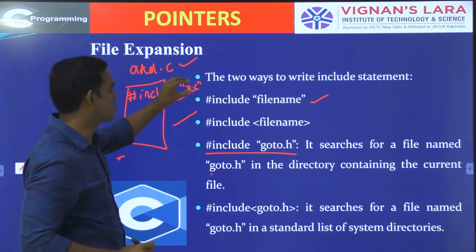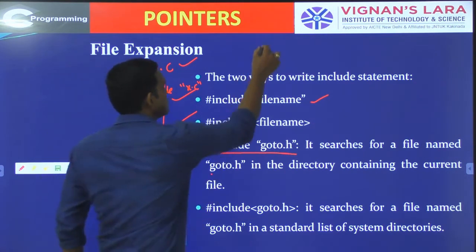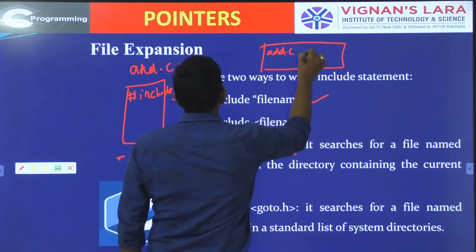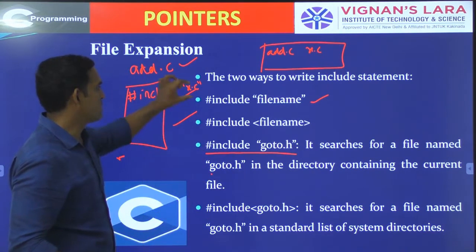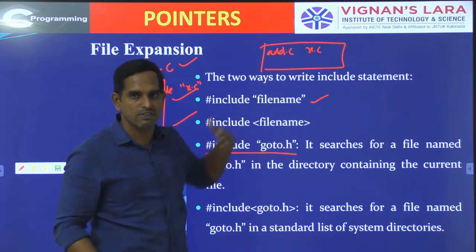Okay, it is going to search for x.c in the current directory, that is where you are having your files, that is you will be having add.c, x.c and other files in the current directory. It will search for that particular x.c in the current directory. If it is present, it will include.